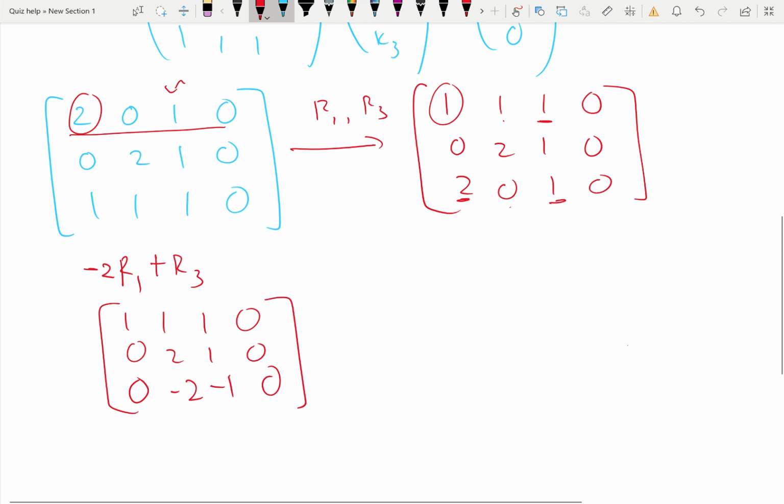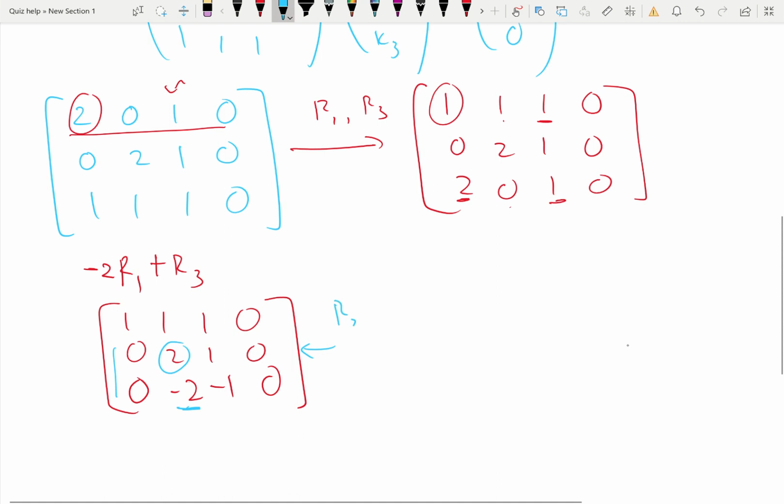Now we go to the second pivot position because we have zeros here. So the second pivot position is 2. Now here this is ideal. You don't need to have 1. It's not necessary. If it is 1, it's perfect, but at the same time you don't want to create fractions. So I would avoid dividing by 2. What I really want now is to make this -2 zero.